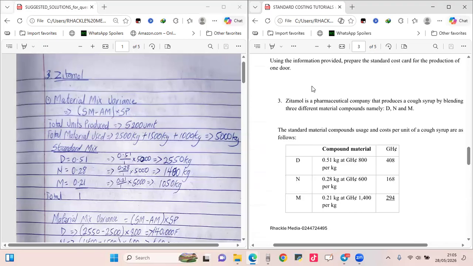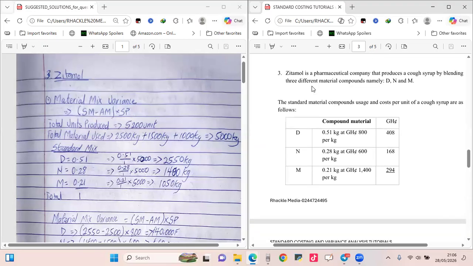Zitamol is a pharmaceutical company that produces a cough syrup by blending 3 different material compounds, namely D, N, and M. So the standard material compound usage and cost per unit of a cough syrup are as follows.